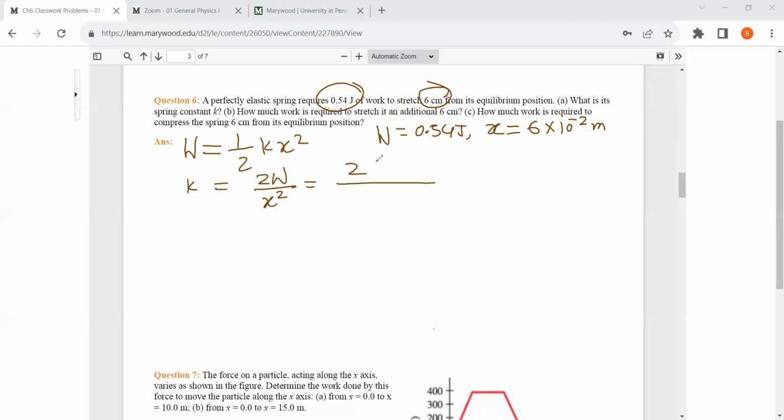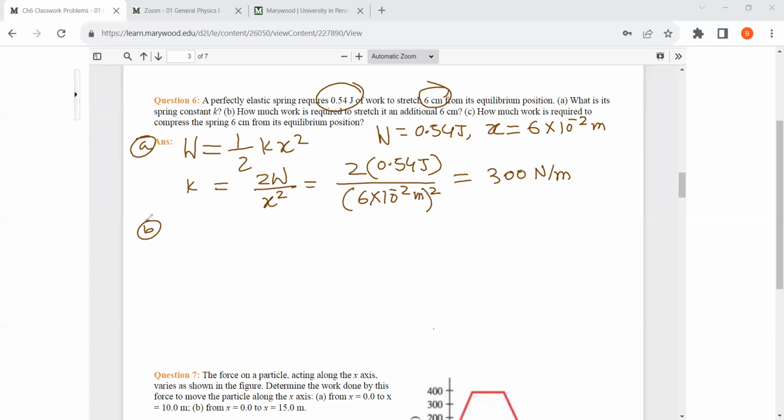So 2 times 0.54 joule, and x is 6 times 10 to the power minus 2 meter, whole square. So this gives me 300 Newton per meter. So the spring constant for this problem is 300 Newton per meter.